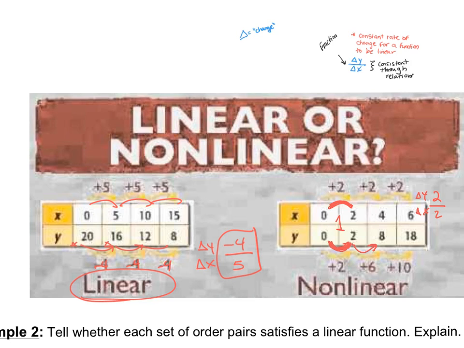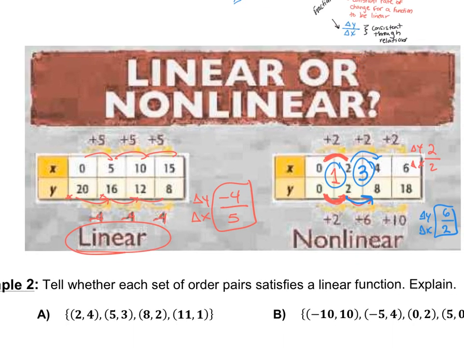Then if I go to the second point, from 2 to 8, that change of y was +6, and from here to here, the change of x was positive 2. That change of y over change of x gives me 3. So the rate of change from that point was 3. It's immediately not a function because it's not the same rate of change. So as long as the rate of change is consistent throughout, it is a linear function.